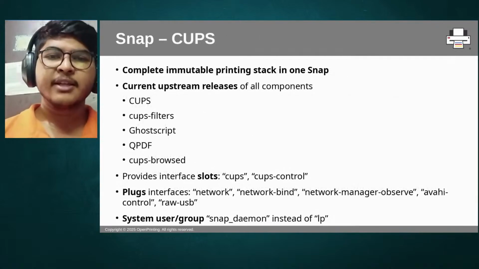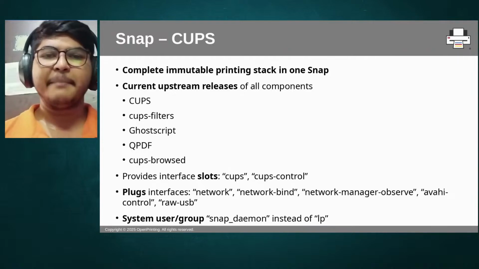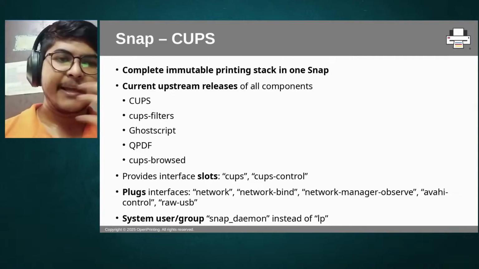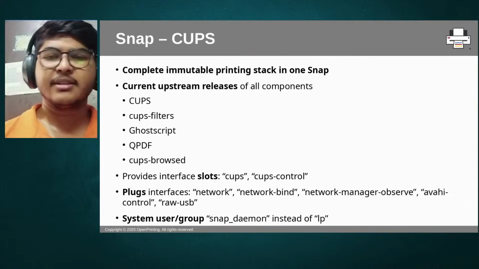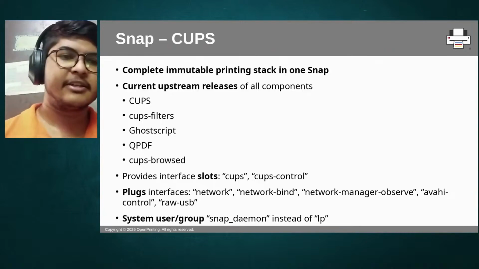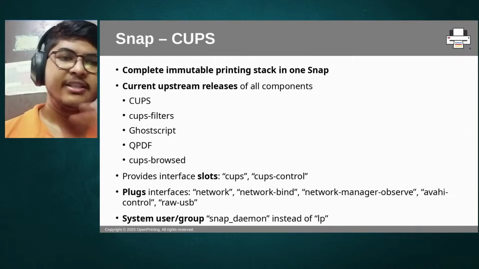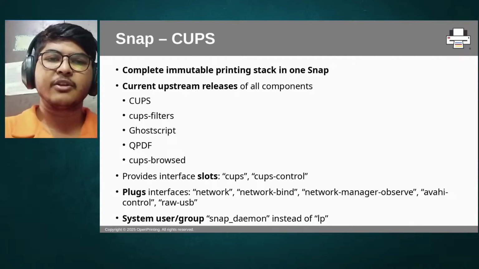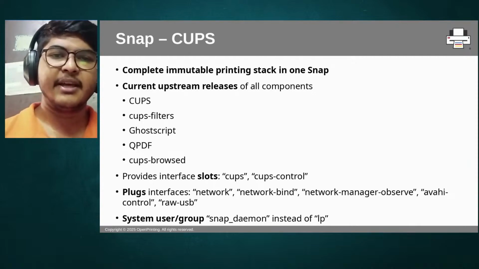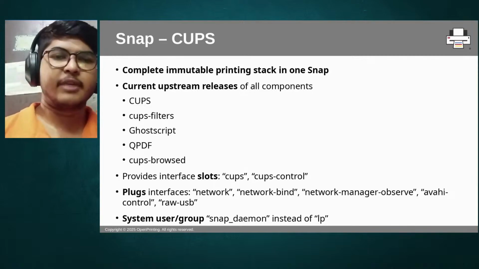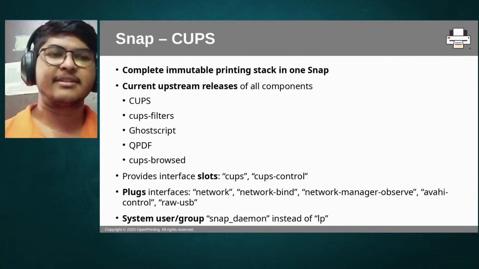So now coming to the cups snap. The cups snap is basically the complete immutable printing stack of the CUPS ecosystem. It contains all the necessary components: cups-filters, Ghostscript, QPDF, cups-browsed, every single important component of the printing architecture is packed within one single snap, that is cups.